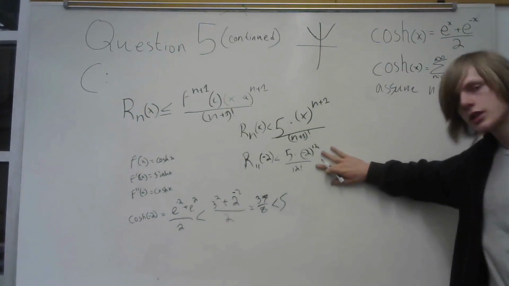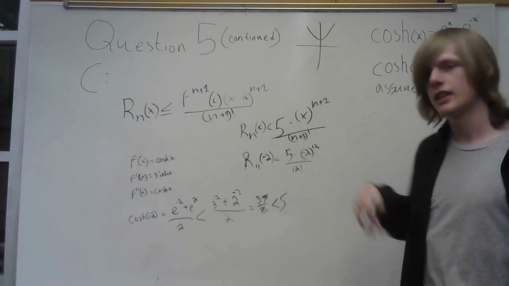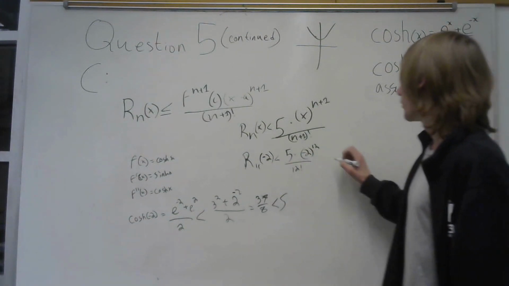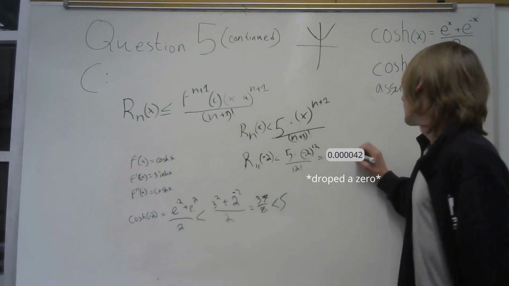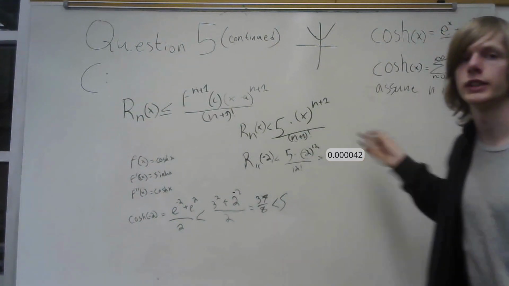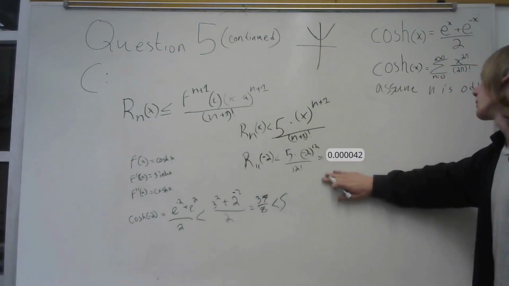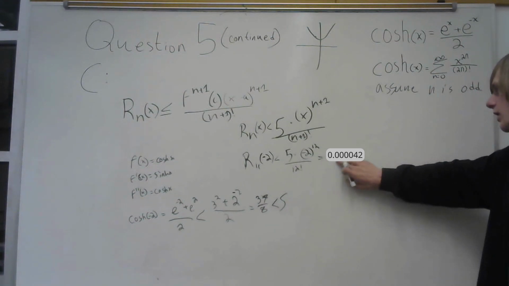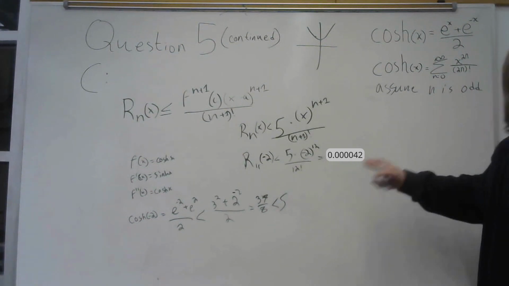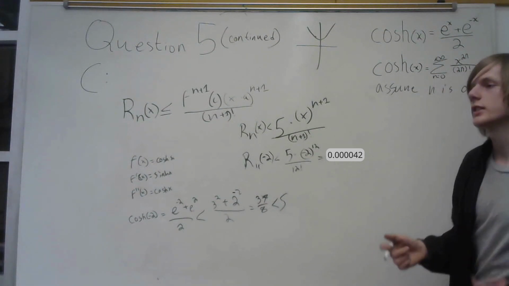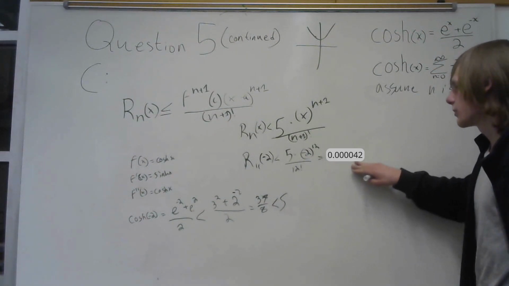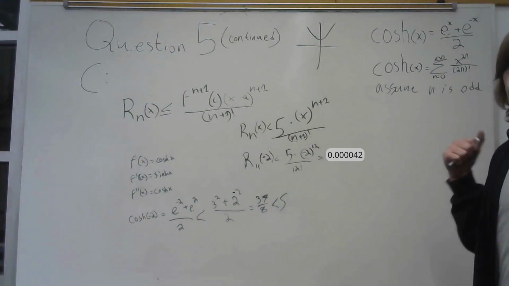And we can crunch those numbers in our little calculator. It's going to take a while, but we can totally do it. And we'll find that that is equal to 0.000042, roughly. And there's more digits, but they don't really matter, because what's important is that our first 3 digits are 0. Since they're 0, we know that there's no accuracy that's going to affect the first 3 digits. And so our estimate is good enough for the aliens.